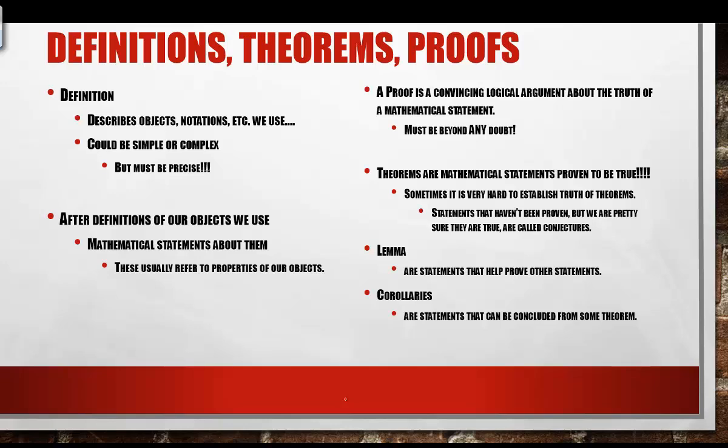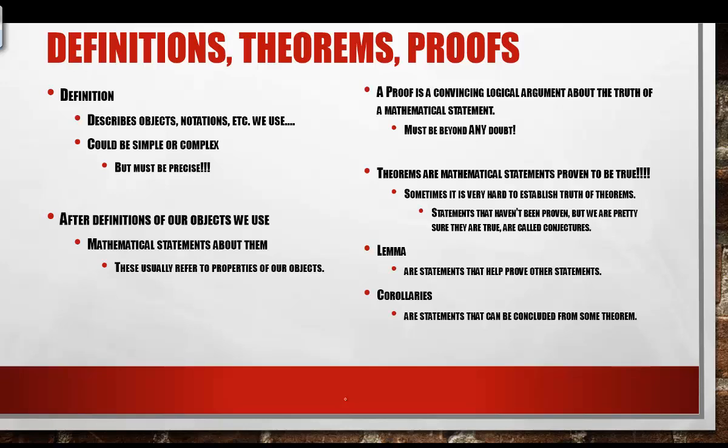So mathematical statements basically talk about some properties of the objects that you've built. It's needless to say that mathematical statements, just like definitions, must be very, very precise as well. There is no room for ambiguous statements. Statements may be complex, may be multi-part statements, but there's no room for ambiguity.